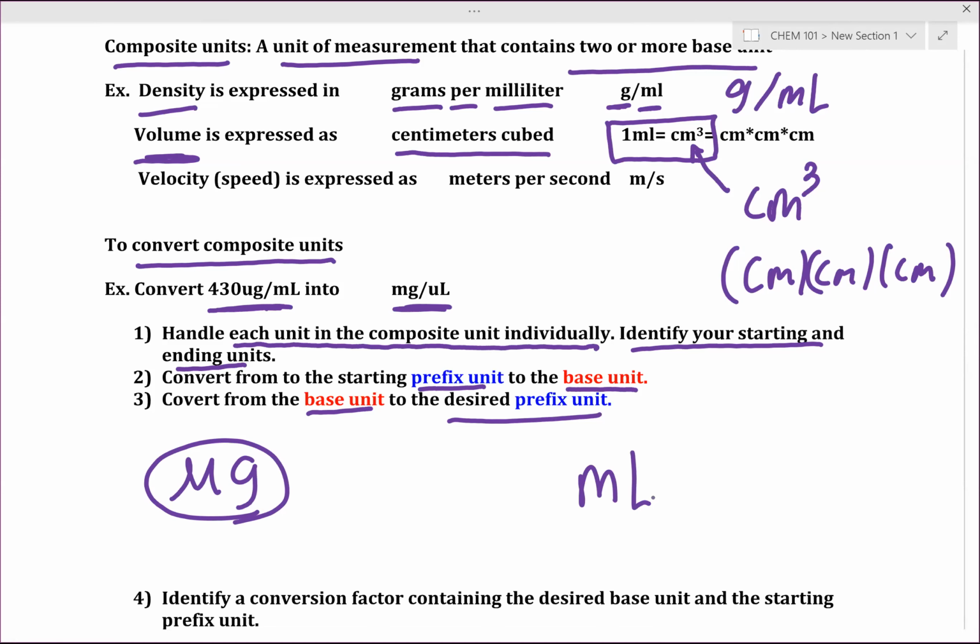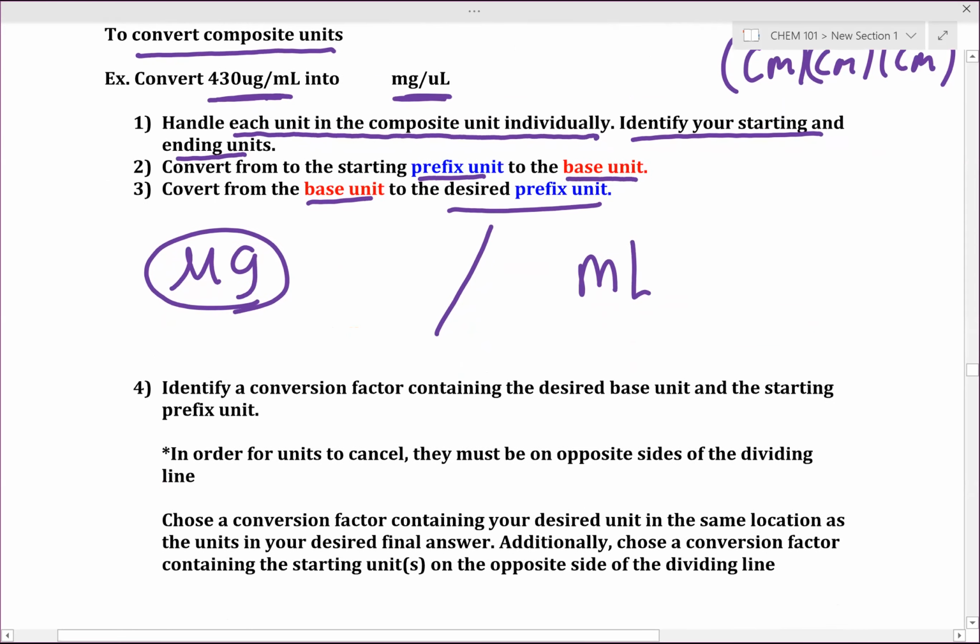So with that established, you have micrograms divided by mils, and our goal is to identify a conversion factor containing the desired base unit and the starting prefix unit. Now, as a general rule, and this is what changes when you start to deal with ratios, in order for the units to cancel, they must be on opposite sides of the dividing line.